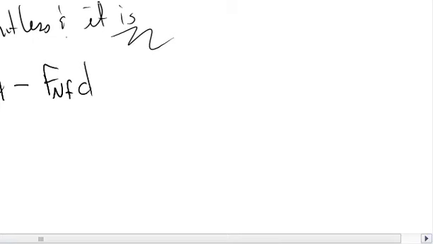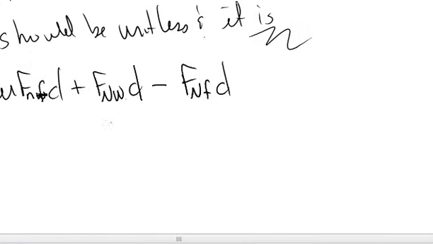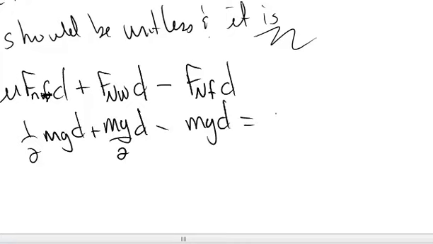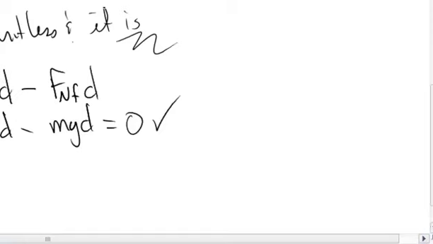Does this in fact equal 0? Well, this term right here is mg over 2 times d. This term is 1/2 mg times d. And this term right here is mgd. Sure enough, we get 0. So answer checks out. I'm pretty happy with that.